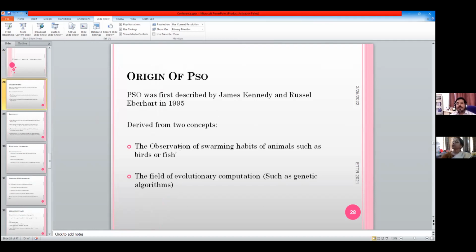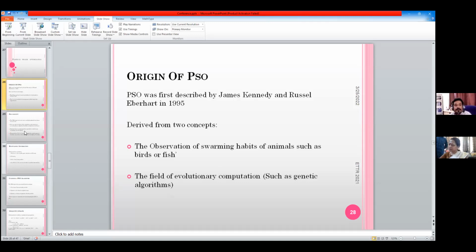One is the observation of the swarming habits of animals such as birds or fish, how birds or fish search for their food. By mimicking this, they got one of the most important and most used optimization algorithms till now.